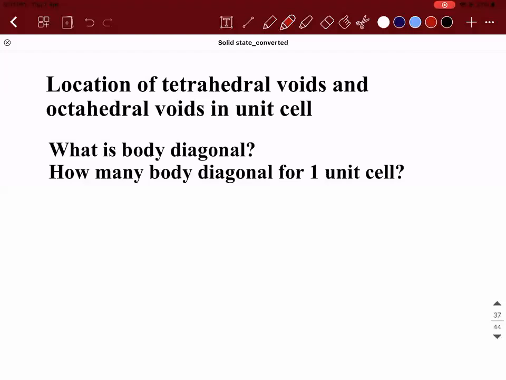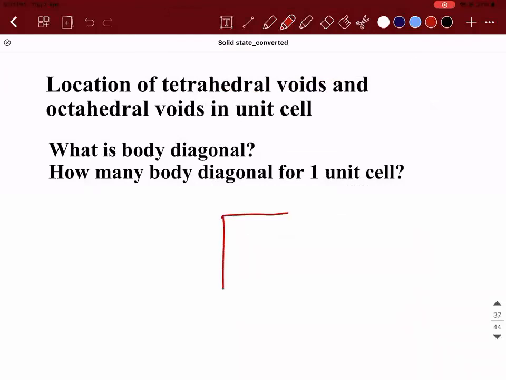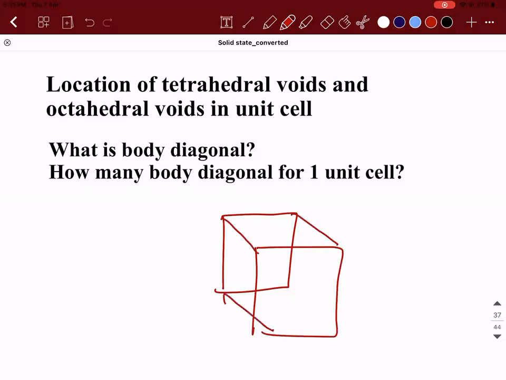This room is not quite cubic, it's hard for me to interpret. So, take the unit cell.